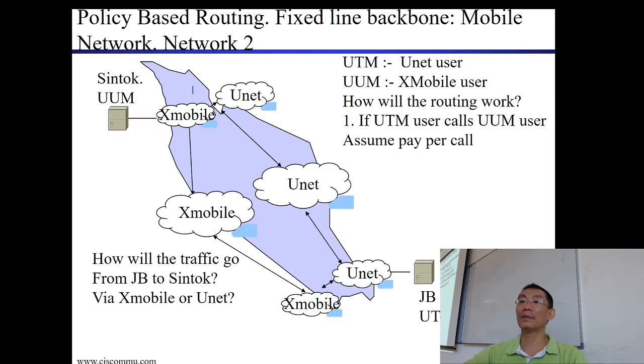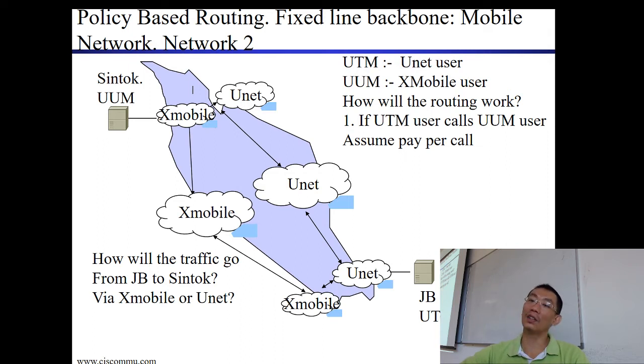So which one will we go through? The packet or voice or whatever you want to call it comes to here. UNet controls the routing, correct? UNet has an option to pass the traffic through the backbone or to immediately offload it to X-Mobile. So which one? You don't do the lab first, you listen first.